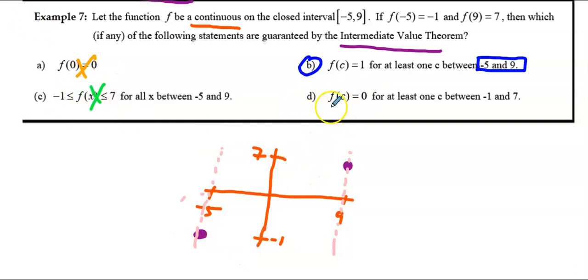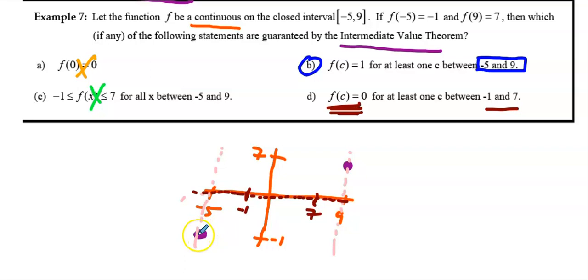And so the last question here is f of c equals 0, which again is the x-axis. But be careful with this because it says between negative 1 and 7. Negative 1 is here and 7 is here. So this is saying that I have to cross the x-axis on this range, well, domain.